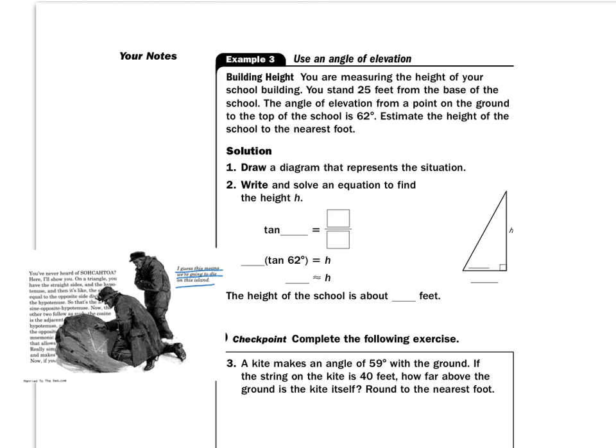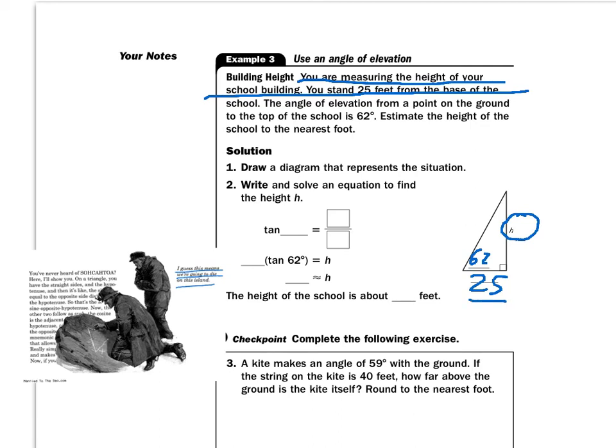So, building height. You are measuring the height of your school building. You stand 25 feet from the base of the building. So right here, you're 25 feet away. The angle of elevation is 62 degrees. That was 62 right there. Estimate the height of the school building. Well, what you're trying to find is the opposite. You have the adjacent.